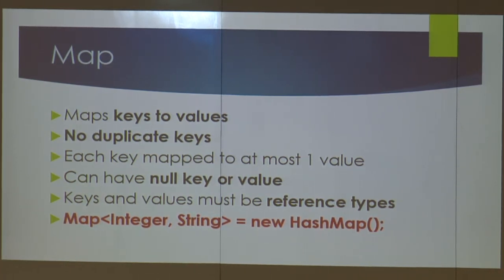So if we had a value 1 associated with purple, purple only appeared in our input file once. If we had the value 5 associated with the key green, that means green appeared 5 times in our input file. So maps are a useful way to associate information, and they can also be useful for counting or something like that. And a specific type of map is a HashMap, and a HashMap is the most common one that you'll be using in practice.